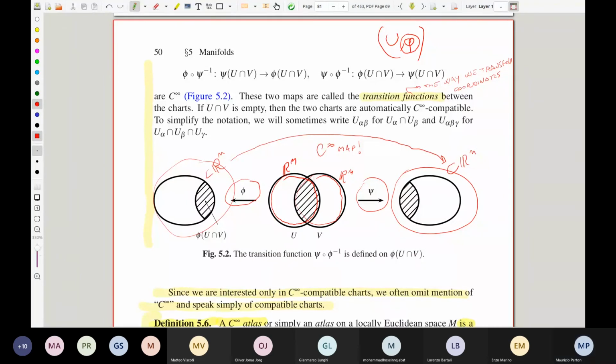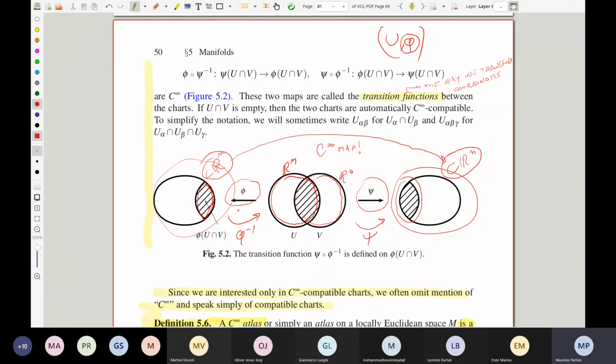So when the two open sets intersect in this way, you have a map here into the corresponding subset of Rn, and a map here into the corresponding subset. And you can compose the inverse of this map, phi^-1, with psi.